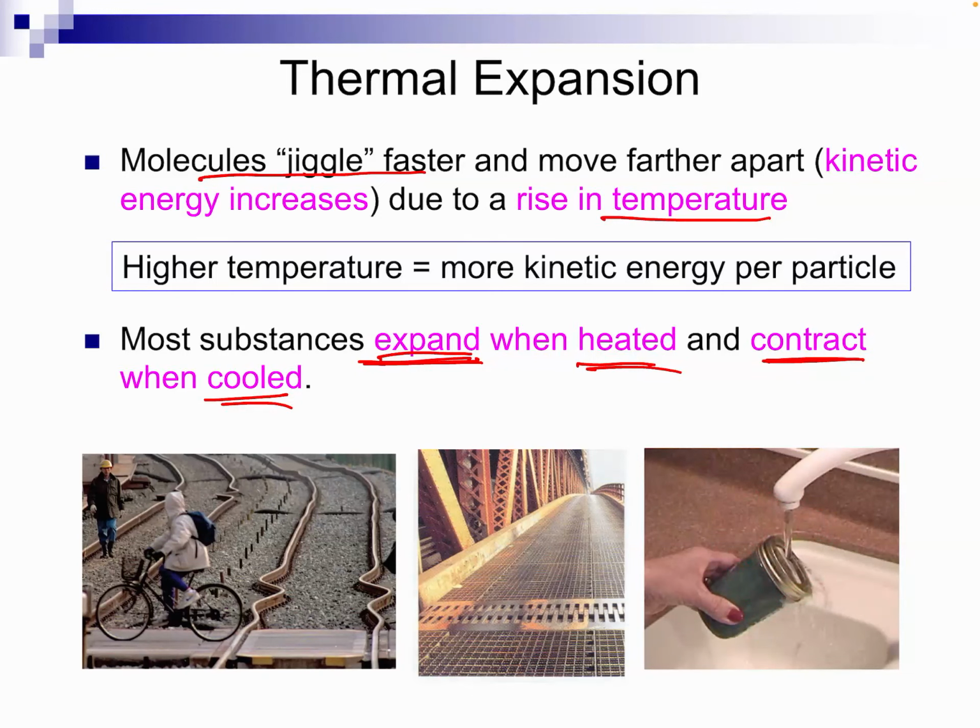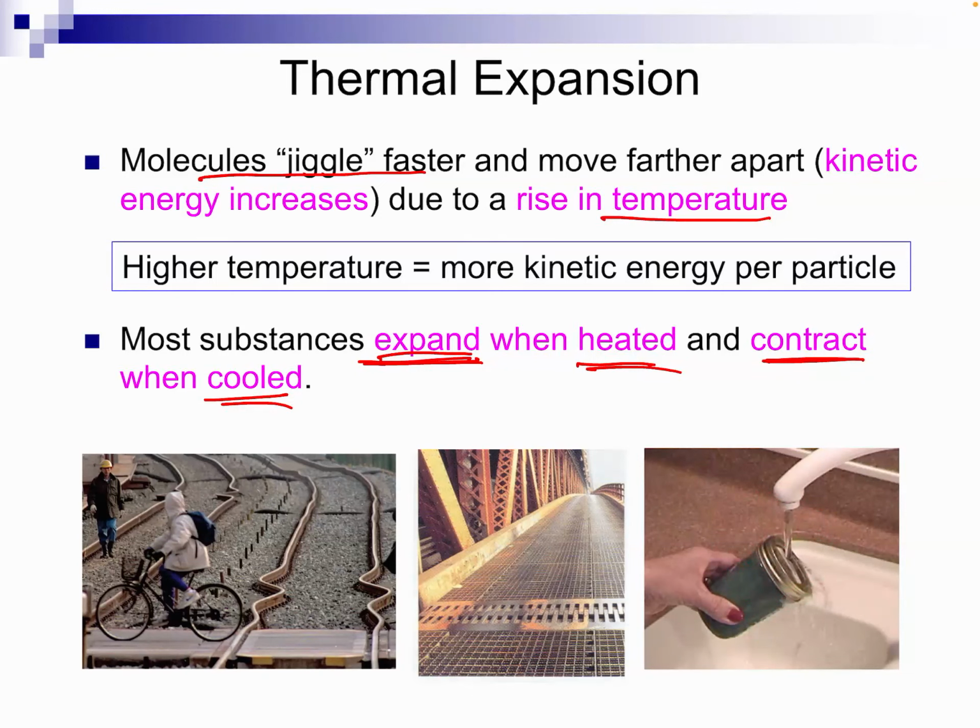Because if you heat up the object by 5 degrees Celsius, for example, the object expands by this much. If you heat it up by 10 degrees Celsius, then it makes sense that the object should expand more. So the expansion delta L should be proportional to the change in temperature. And the proportionality constant is this alpha, Greek symbol alpha, which is the coefficient of linear expansion.